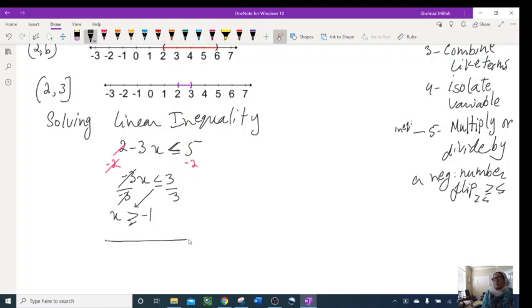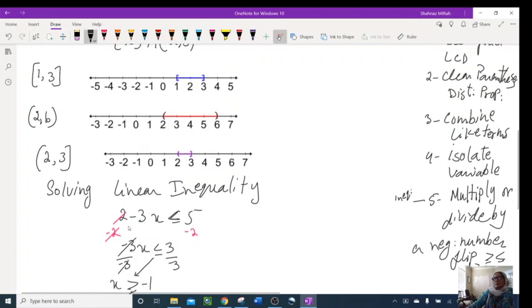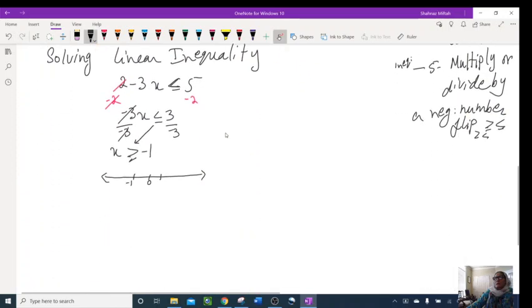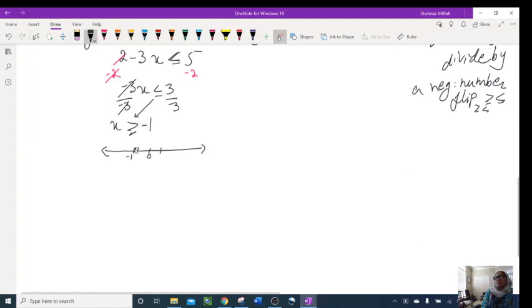Now, how do I graph this? I have a number line here. This is 0, that's +1, and that's -1. Since this is inequality, less or equal, greater or equal, you have a closed circle and you use these brackets. So I'm going to make a closed circle here.